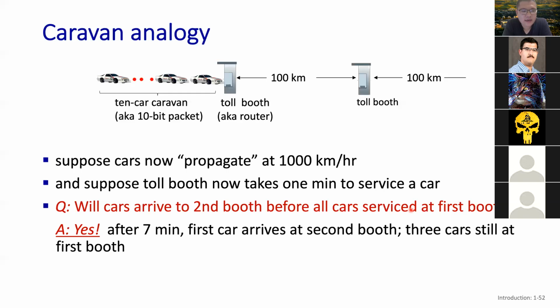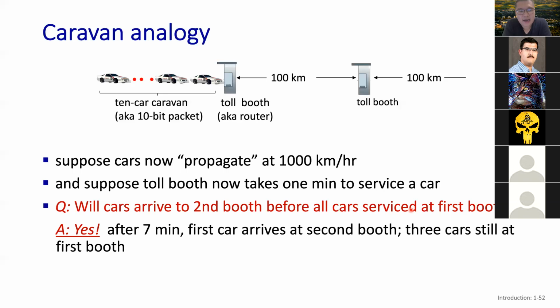Okay, so we can think that after the first car finishes the service, it will spend 0.1 hour to cover the distance between the two booths, right? So 0.1 hour is about 6 minutes, and it itself will spend 1 minute on the service.